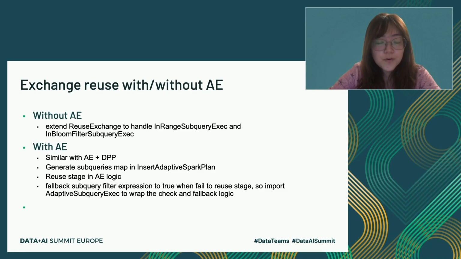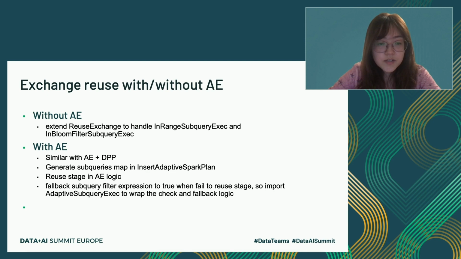for runtime filter subquery. The exchange reuse logic is separated into with AE and without AE. Without AE, we just extend the reuse exchange rule to handle the in-range subquery and in-bloom filter subquery logic. With AE, the implementation is similar to AE plus DPP.